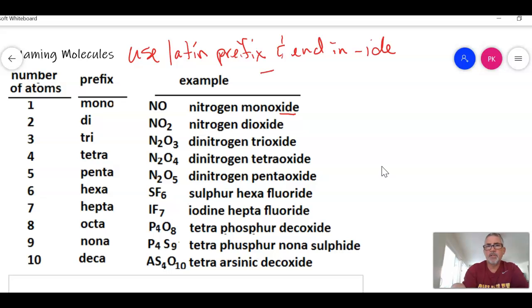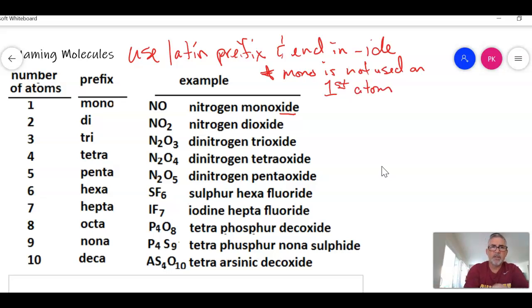The only rule is mono: not using it on the first atom.